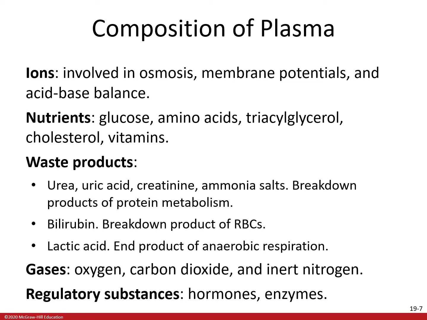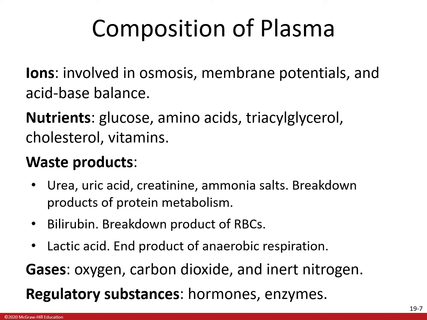We are going to have bilirubin, which is a waste product from the breakdown of red blood cells, and that is going to be occurring in the liver. We're going to have lactic acid, and this is an end product of anaerobic respiration. So think about back to when we were talking about muscles, how lactic acid is a waste product of anaerobic respiration.